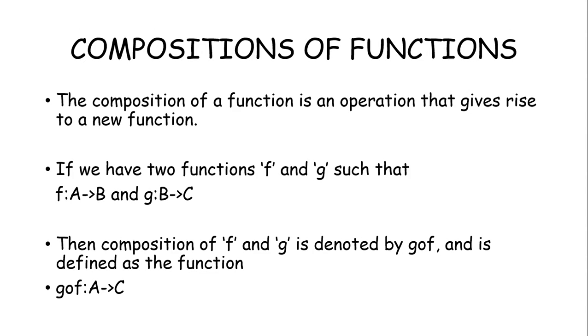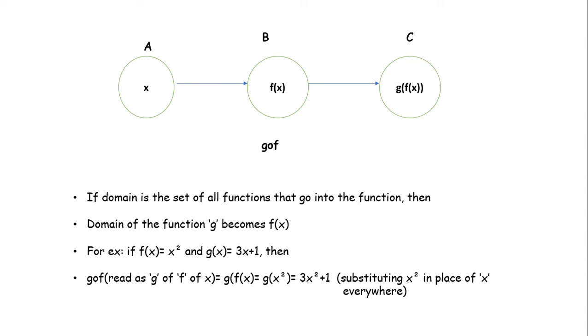Okay, now diagrammatically, if I have three disks, each disk represents a different set. This is the disk for set A, this is the disk for set B, and this is the disk for set C. If the elements of set A are x, first we will look at the function f.